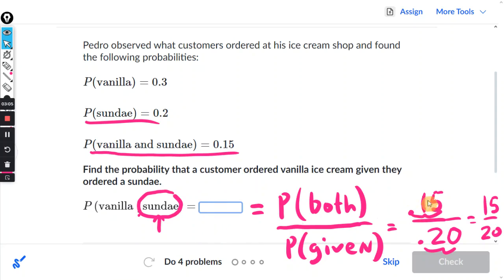I know they won't take it as one decimal over another, but maybe if we do 15 over 20, they'll take it. Let's see. Okay, very good. So we didn't even have to reduce the fraction, but you do have to rearrange the decimals. And if you did this on a calculator, it would just be 0.75. So same thing.